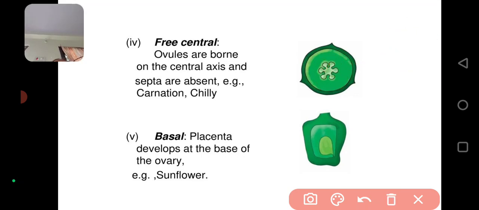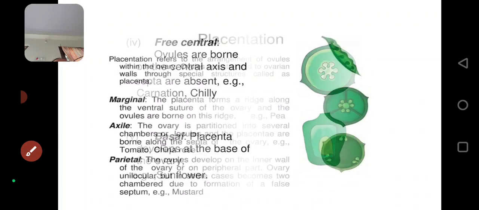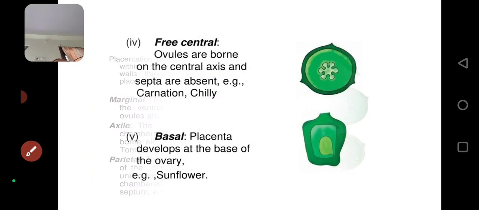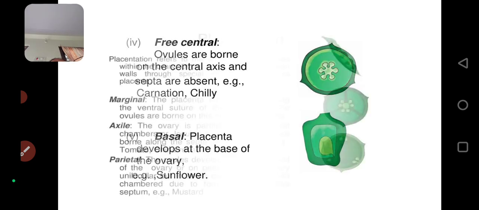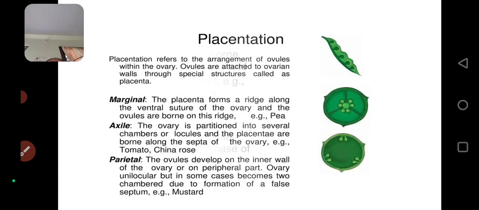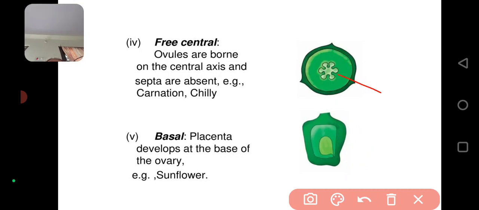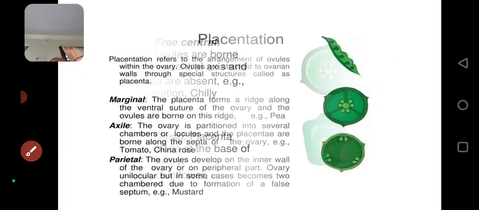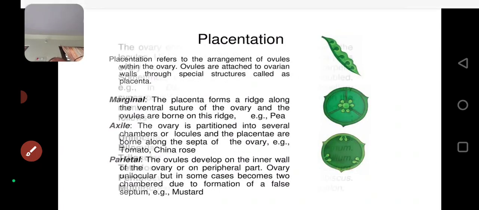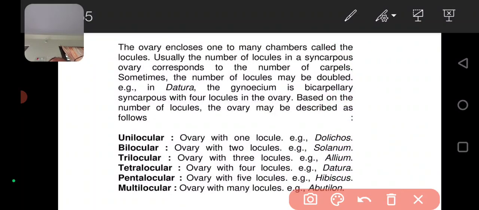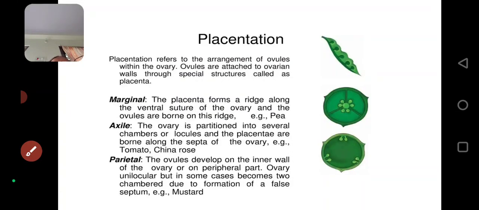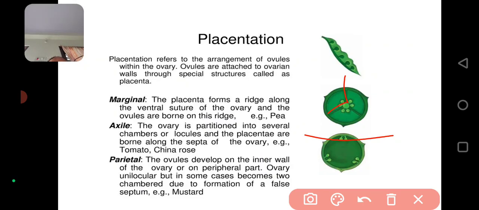What is the difference between axial placentation and free central placentation? In free central placentation there is no septa formation, but in axial placentation septa are present.